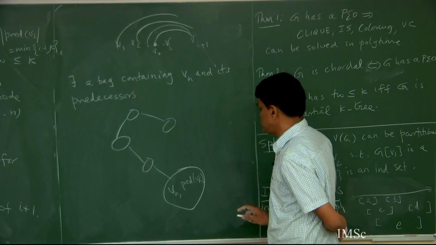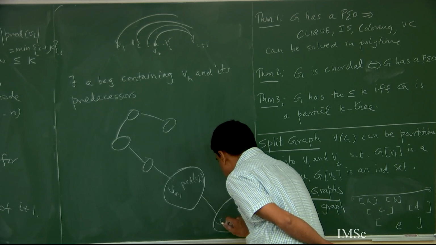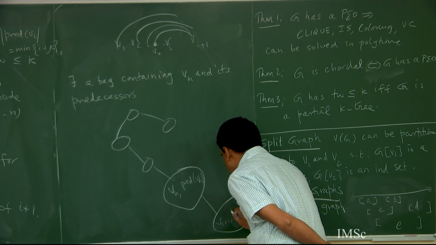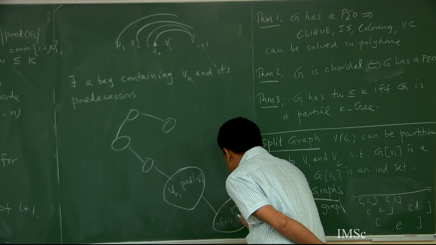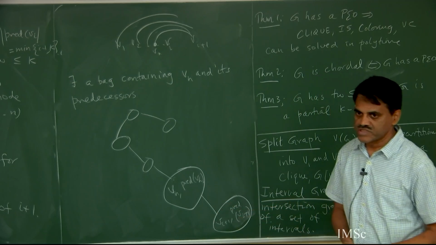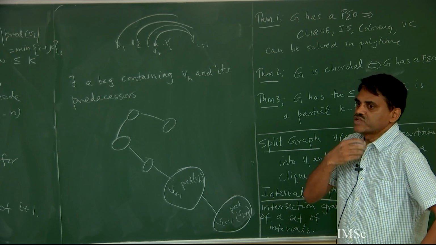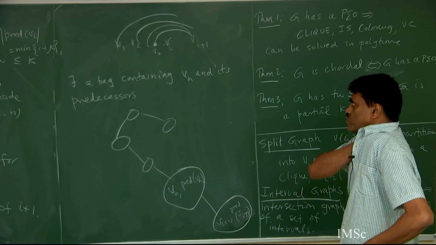Now, I am going to attach to this Vi plus 1 and all its predecessors. This is my new tree decomposition, and I claim that it satisfies all I need for vertices up to Vi plus 1.